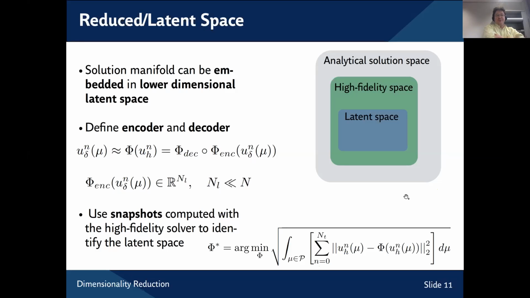The way we usually compute these encoders and decoders is a data-driven approach: computing snapshots using the high fidelity solver, and then minimizing some difference between the high fidelity and the encoded-decoded state.